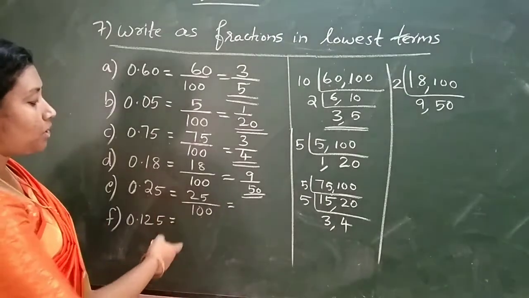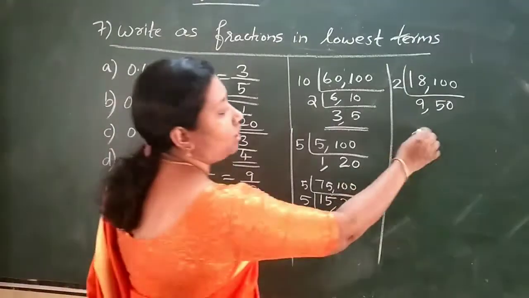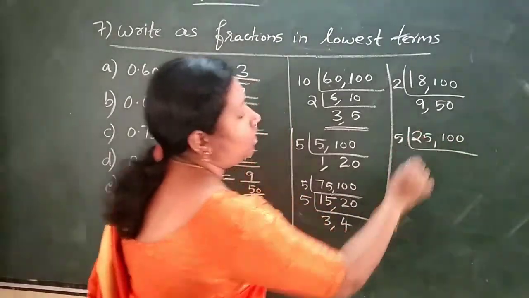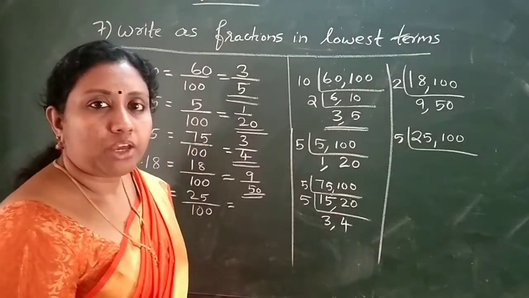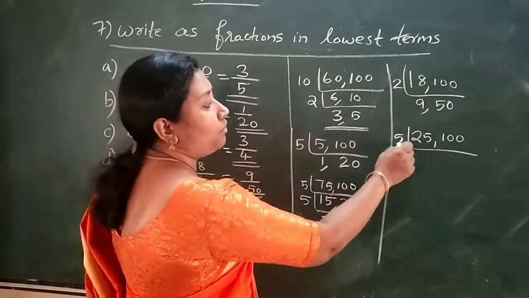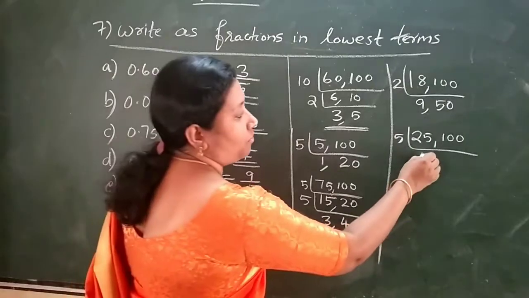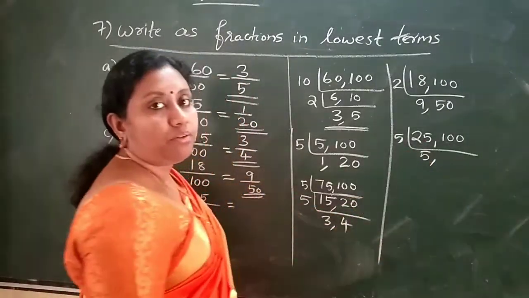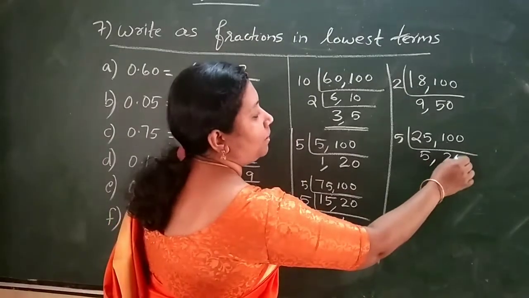Then you find the simplest form of this 25 by 100. Then 25 and 100. These two numbers are divisible by 5. Then 25 divided by 5 is 5. 5 5s are 25. Then 100 divided by 5 is 20.